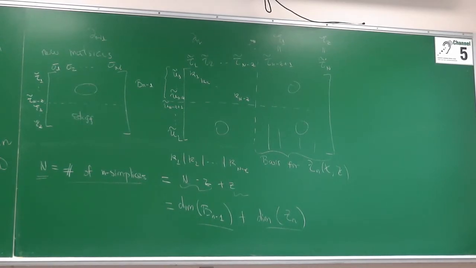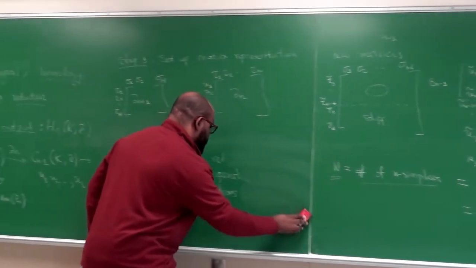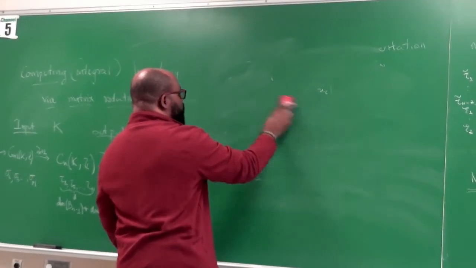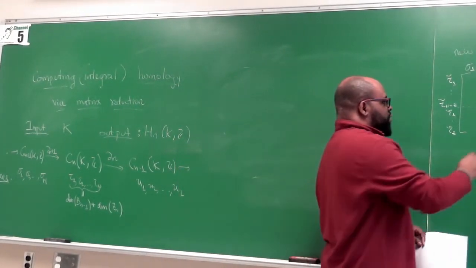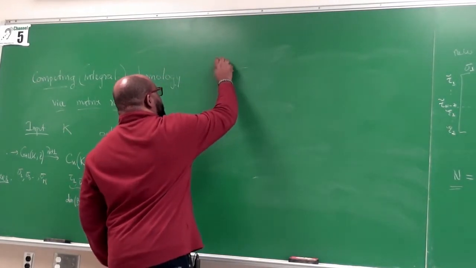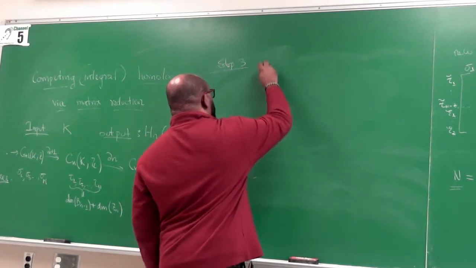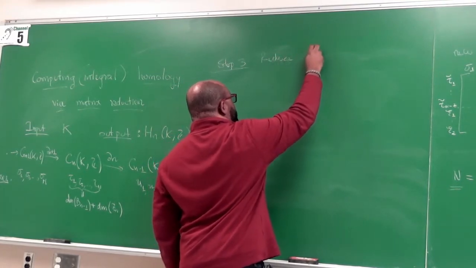Okay, cool. Then the next step, so step 1, step 2, now step 3, is we're going to do some more row and column operations, but to the matrix I called stuff. So step 3, reduce stuff.